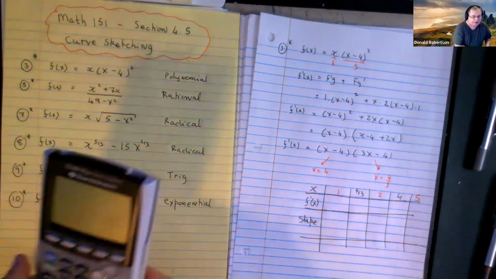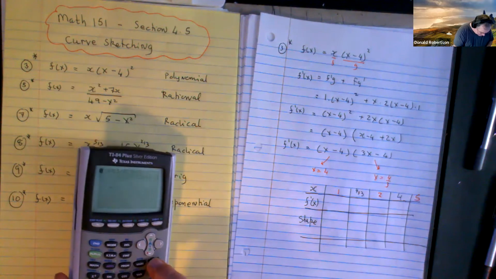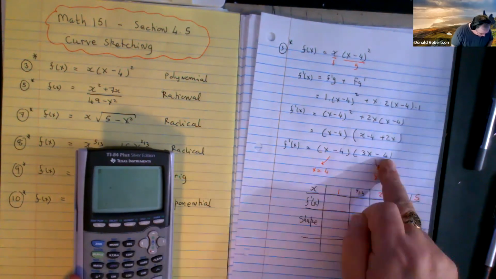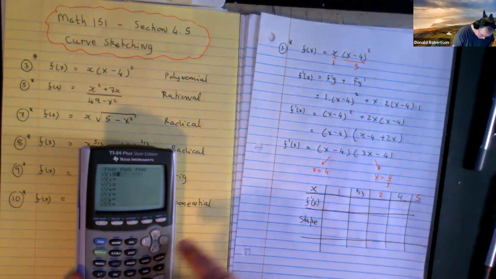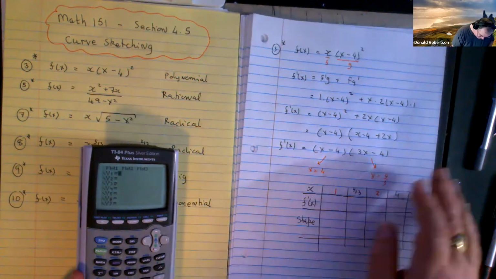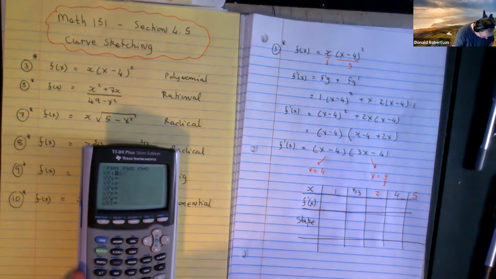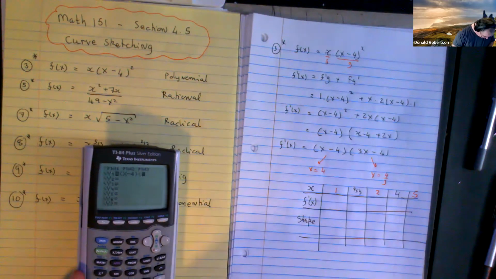I'll go over to my calculator. I'll put in the derivative, which is x minus 4, so bracket x take away 4, and a 3x minus 4. That's that done.